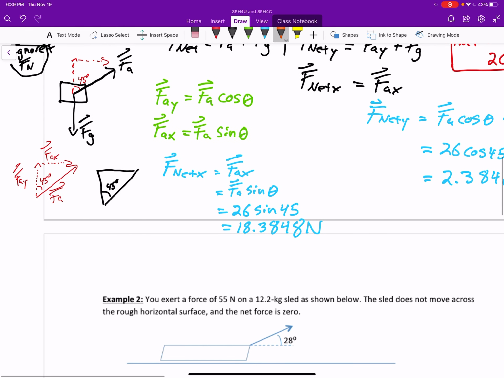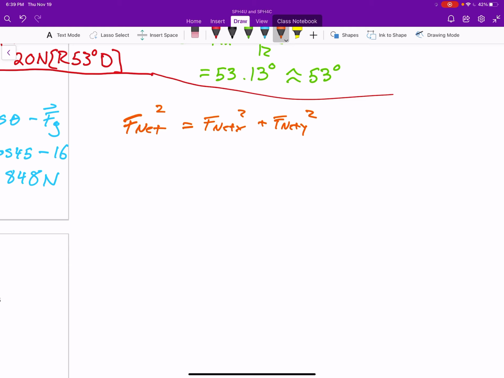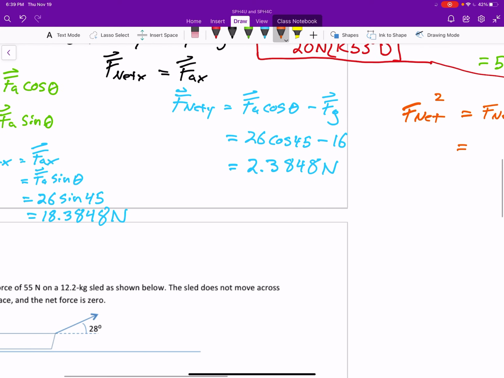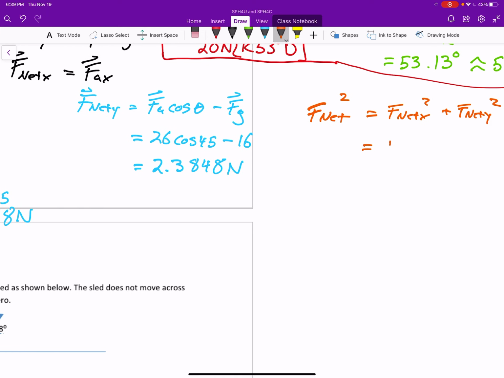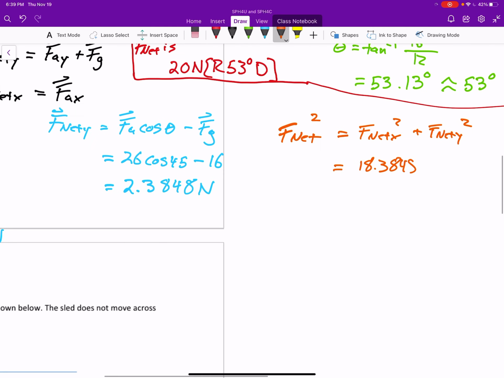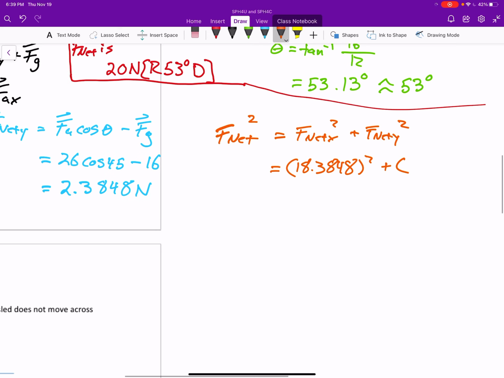If we look at how all of our net forces are going, then we can just plug in our values. So this is going to be equal to the F net x, 18.3848, and that's squared. We're going to add that to 2.3848. That's also squared, and then we square root those.